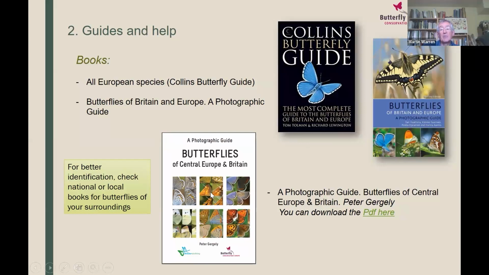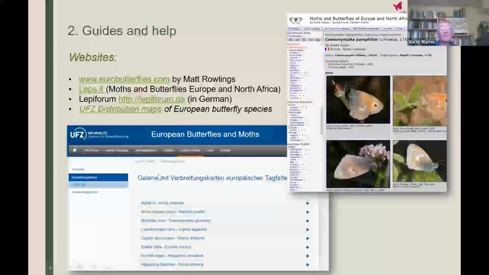There is a downloadable guide from the Butterfly Conservation Europe website, which shows you how to separate out the more difficult species. And there are several websites with lots of galleries of pictures. So if you get into this and you want to really start getting to grips with identification, then these are the places to go. But I usually find the easiest thing is to put it on Facebook or Twitter, and somebody will identify it for you, and that's how you learn.